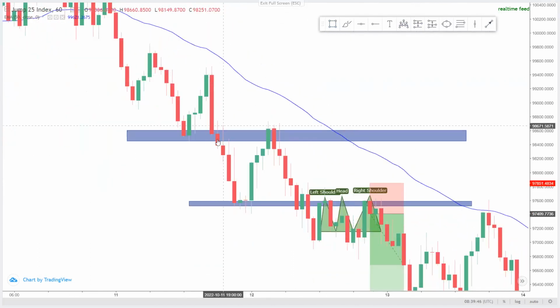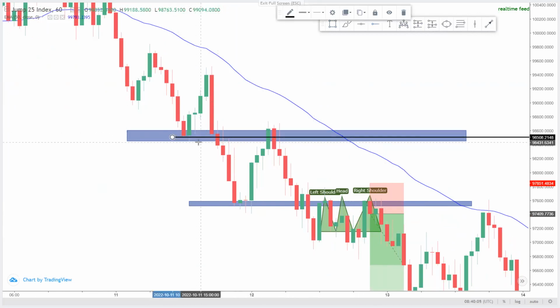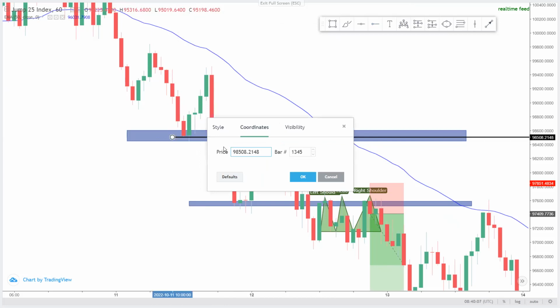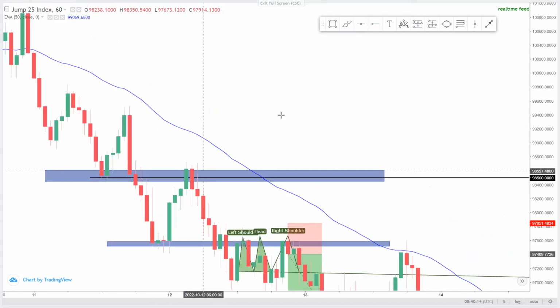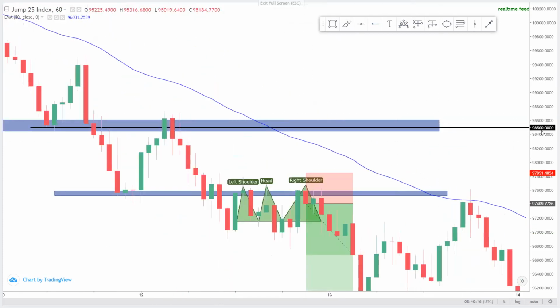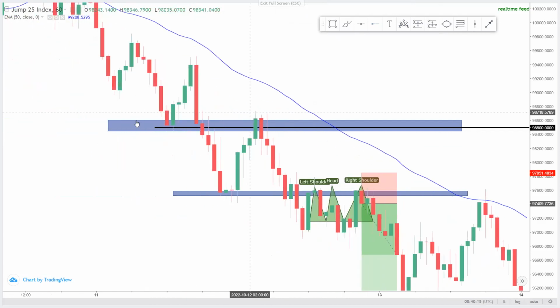And then we're seeing price break below the previous structure, which is support. The broken support becomes a new resistance. So we're very much expecting price to trade back into this level, the key level, 98,500.